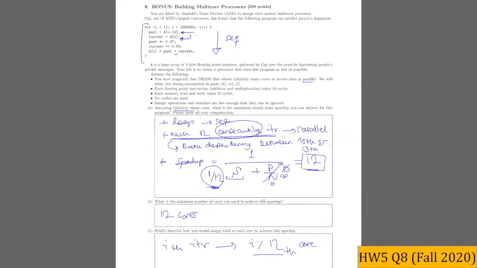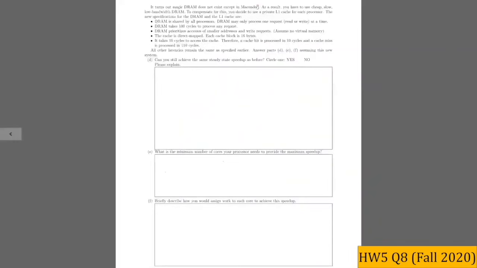Let's go to the next. Okay, let's start here. It turns out magic DRAM does not exist except in Macondo. As a result, you have to use cheap, slow, low bandwidth DRAM. To compensate for this, you decide to use a private L1 cache for each processor.